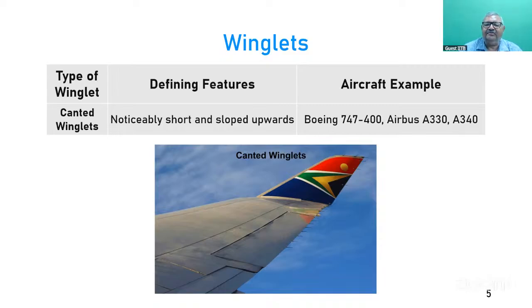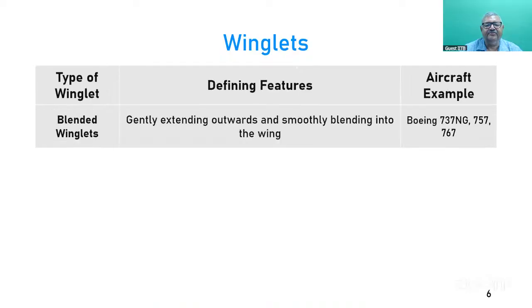And then Airbus A330 and 340, the twin engine and four engine transport aircraft with the same or similar airframe that Airbus uses. All these aircraft have canted winglets. These are short and sloping upwards.